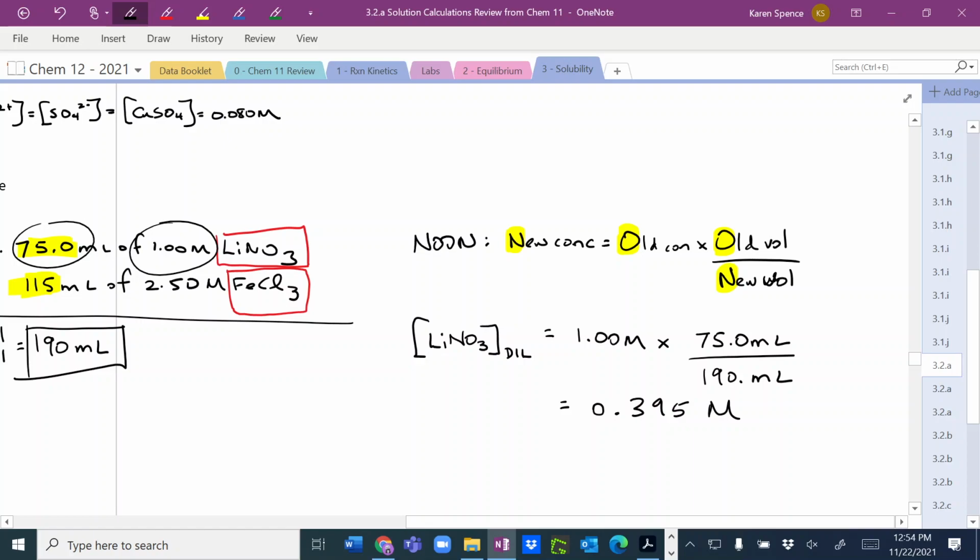In terms of ion concentrations, how many lithiums are in that compound? Just one. And there is also one nitrate.